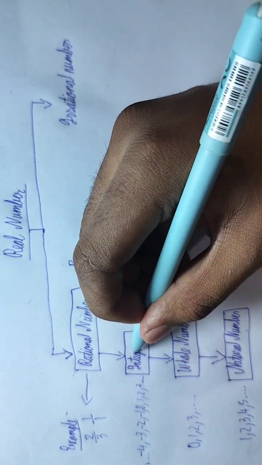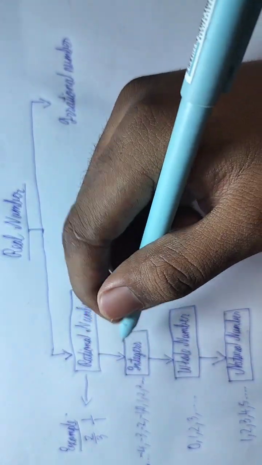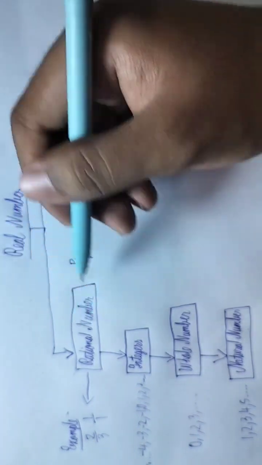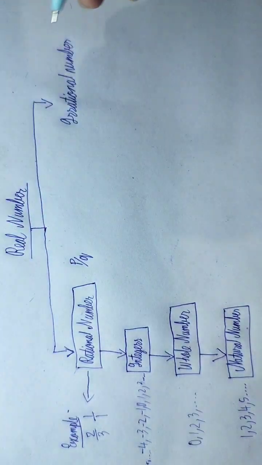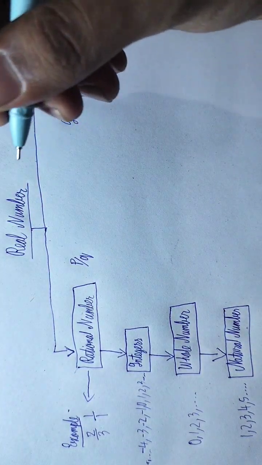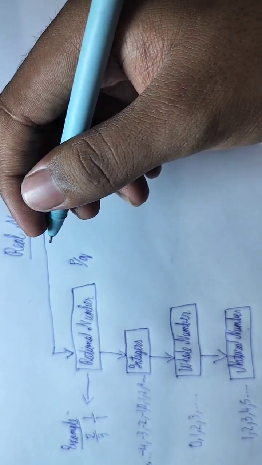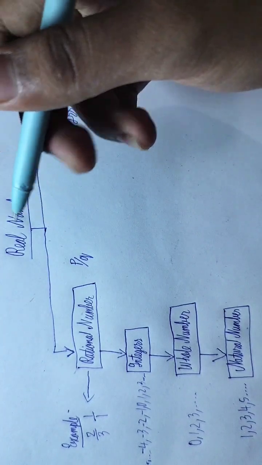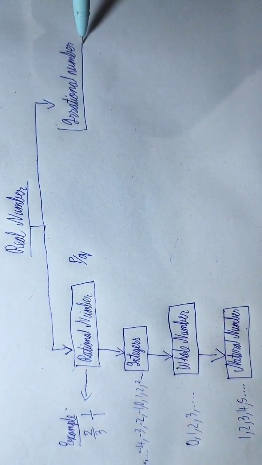Then in integers, all negative numbers are included. Then in rational numbers, any number which can be written in the form of p by q. Then we come to irrational number.